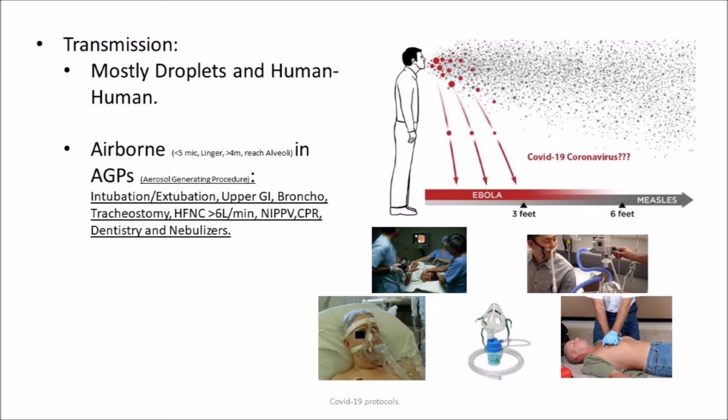Airborne particles will linger for a long time in air, are less than 5 microns in diameter, can travel up to 4 meters in distance and have the chance to reach human alveoli.